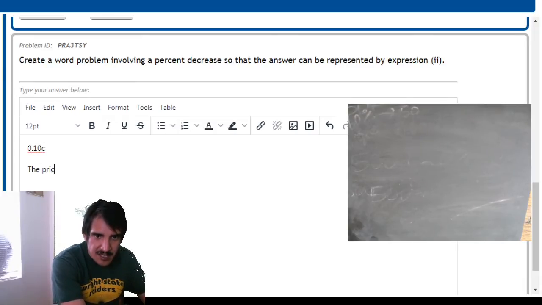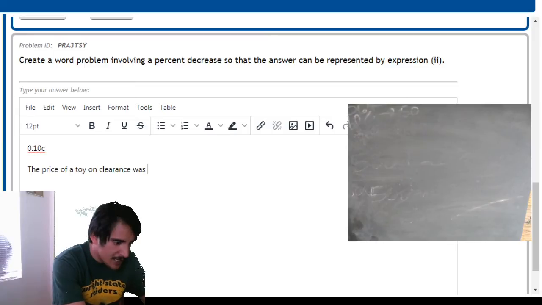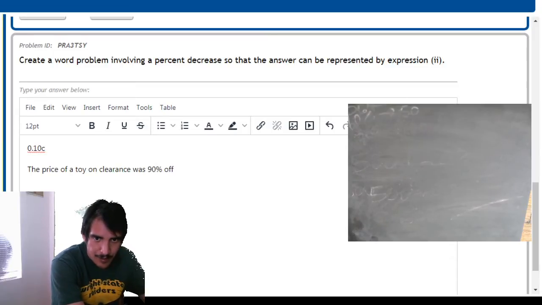The tax on a toy is 10% of the cost. How much tax would you pay on a toy that costs C dollars?